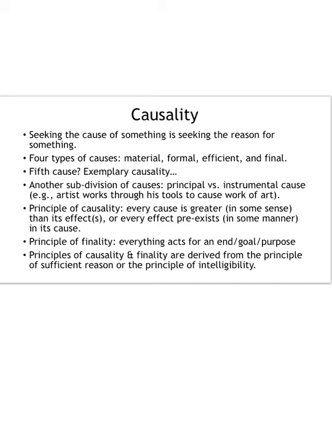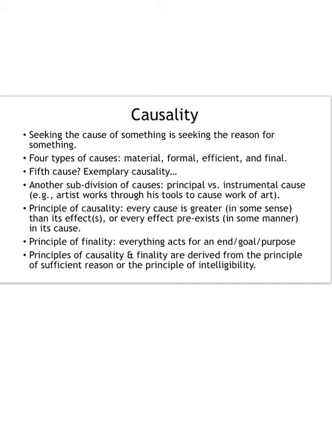And then efficient cause is who put it together or what put it together. Whether a machine put it together or a person put it together or a combination thereof, most likely. A person used tools to put it together, or a person built a machine that put it together. And if a machine put it together, then somebody made that machine, right?